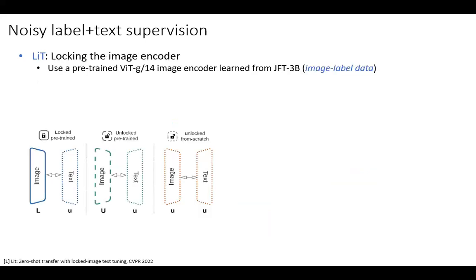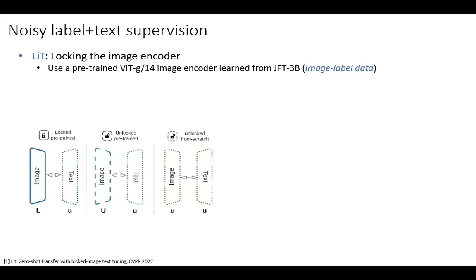Besides that, there are some other methods trying to do that, right? Because your image encoder can learn a very discriminative representation. So in the LiT paper, the authors basically propose you first pre-train the image encoder using image-text data. And at this scale, it can be ViT-g, 3 billion parameters.